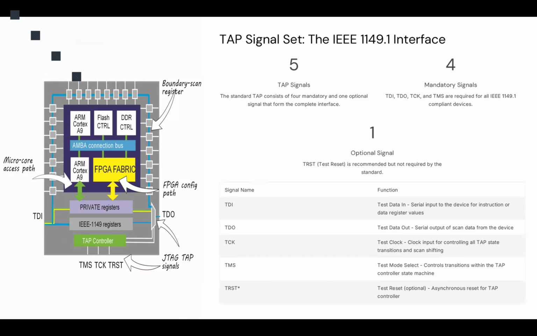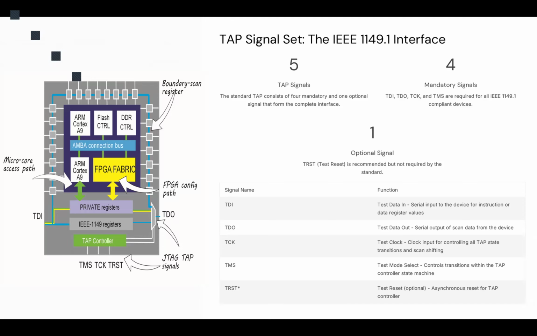We mentioned the TDI, which is the input of our testing system. We mentioned the TDO, which is the output port of our testing system. And we also mentioned all the scan cells that sit through the ports and are connected in series inside our chip.